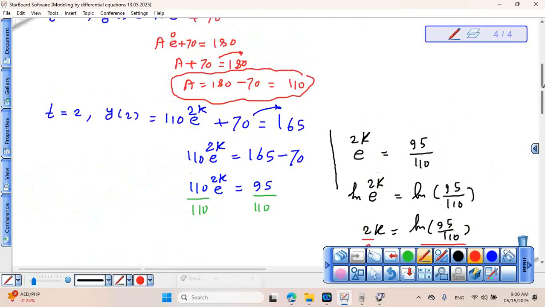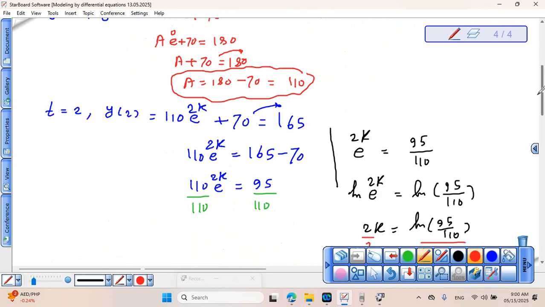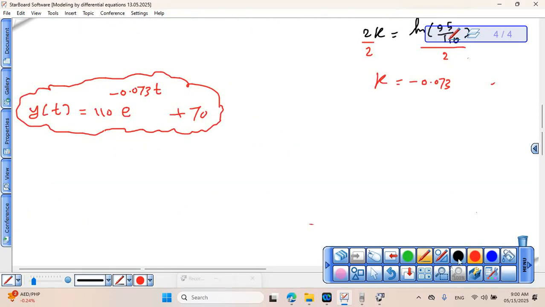The next question is to find the time at which the coffee has cooled to 120. Just substitute it here: 120 equals 110 e to the power negative 0.073t plus 70.